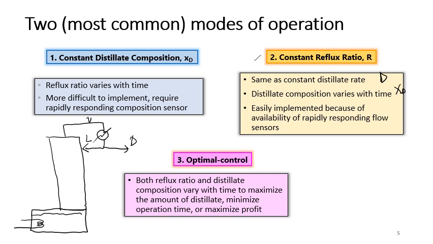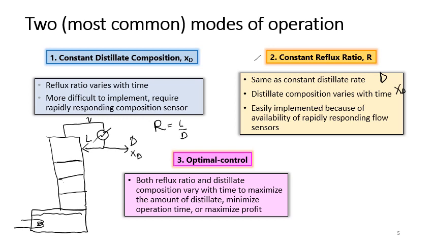So L here, V. Let's say you have a certain number of stages in the column. Let's say in this case, three plates plus one reboiler, total 4 stages in the batch column. So you know that R equals L over D. And then here at D, you have the composition XD.